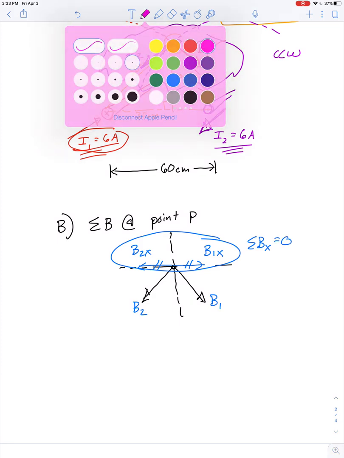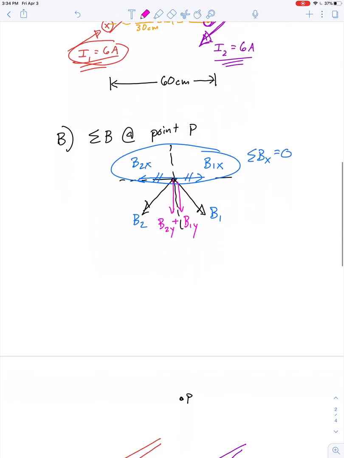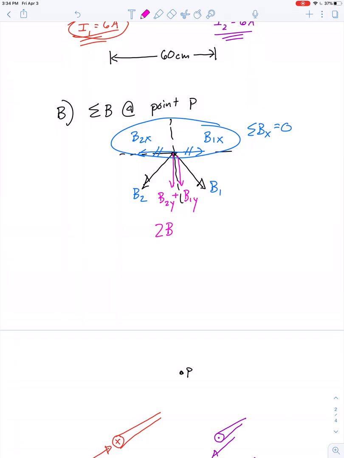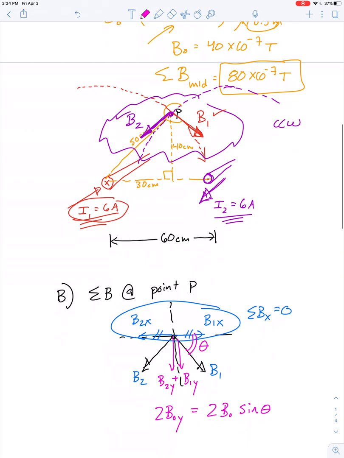All we really have are two components that both point downward. We have B2y, which adds with B1y, and so we could call this 2 B naught subscript y, which would be 2 B naught sine theta, if only we knew the value of this theta. So let's take a peek at our diagram and see if we can figure that out.